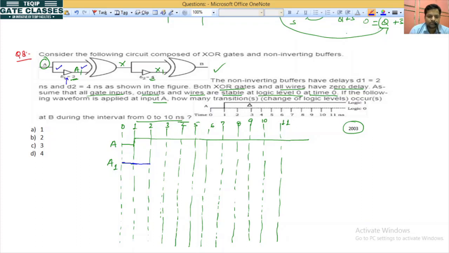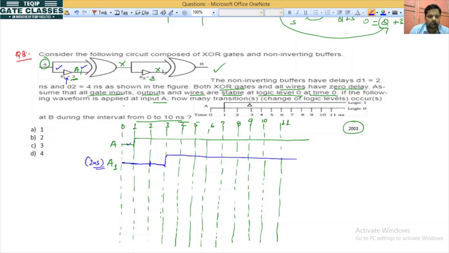Since it is a buffer, whatever the input is here will be reflected here as output. So from here up to this it is a 2 nanosecond delay. From here, whatever value of A is here, it will be reflected from 2 nanoseconds onwards. Okay?